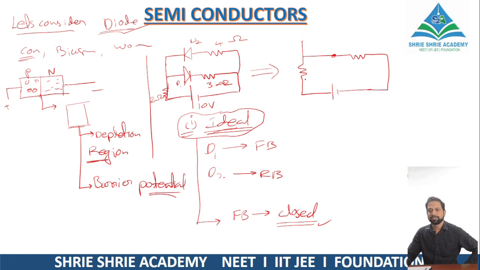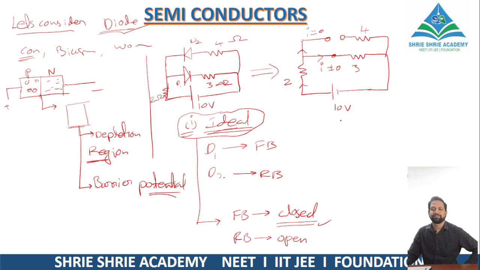But in reverse bias, it is an open circuit. The diode D2 is in reverse bias, so it will be open. This is 2 ohms and 3 ohms, 4 ohms. Through the upper branch, no current will be there. Through this branch only current will be present.